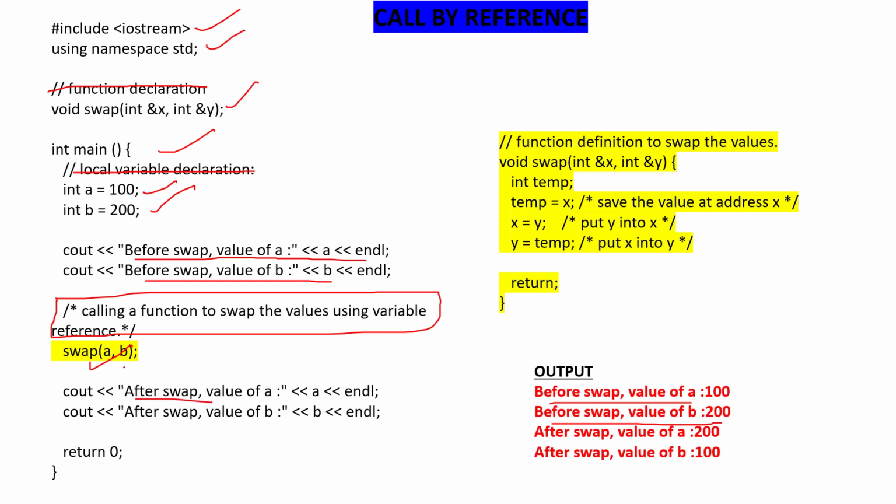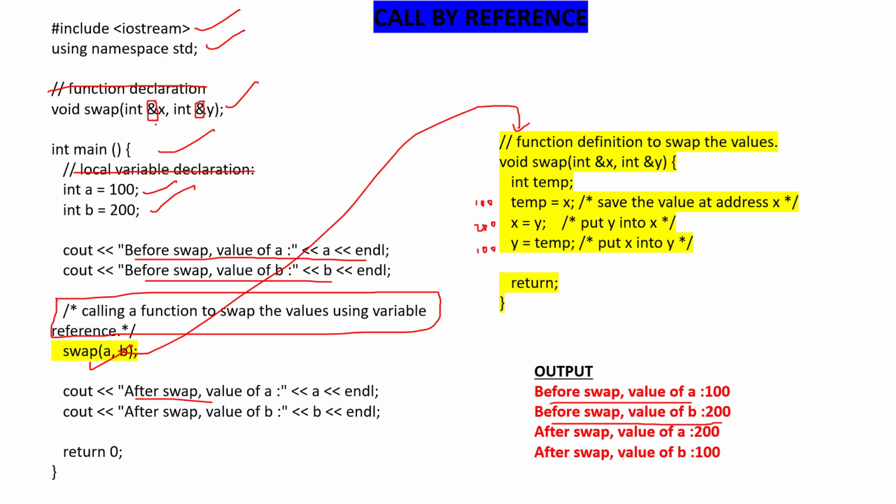Okay, so the control from here will jump to the yellow shaded portion. temp = x, so 100 will be the new temp value. The new x value will be 200. The new y value will be 100. So here the values got changed inside this program, as it is defined by reference using this ampersand.